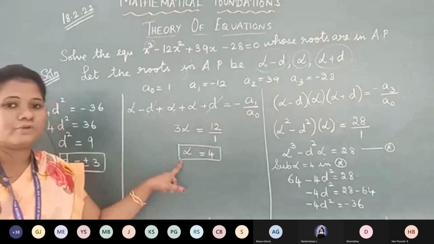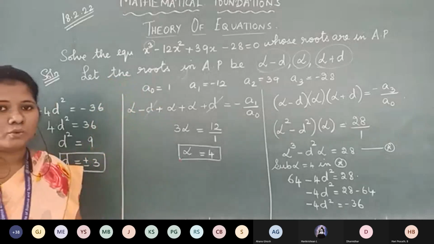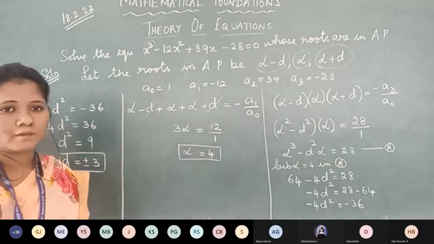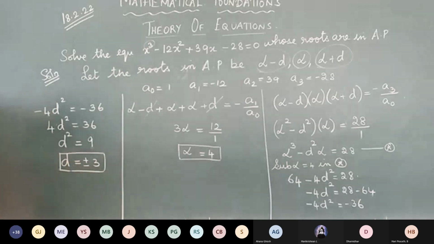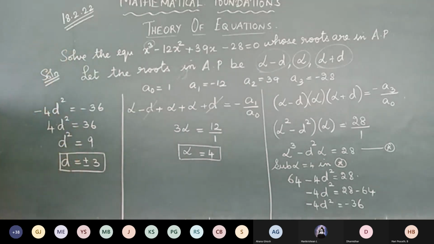Now we have got your alpha and your d. Next, we have to find out the roots. Till here you write it down, then I will tell you how to find the roots. Write it till here.